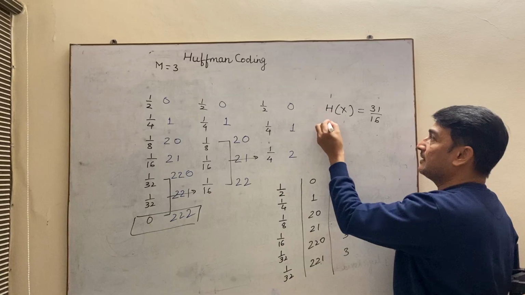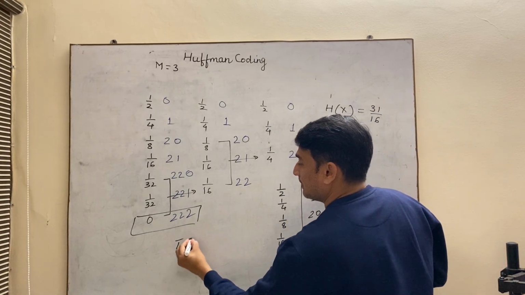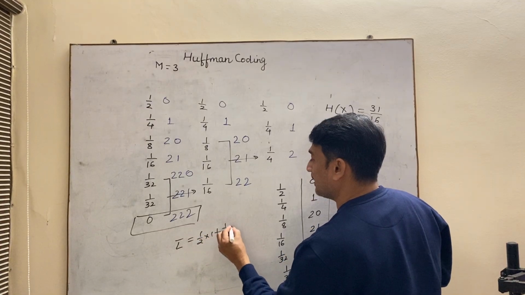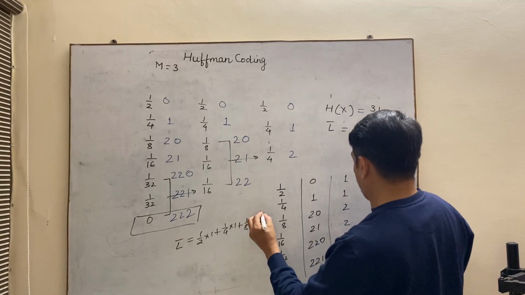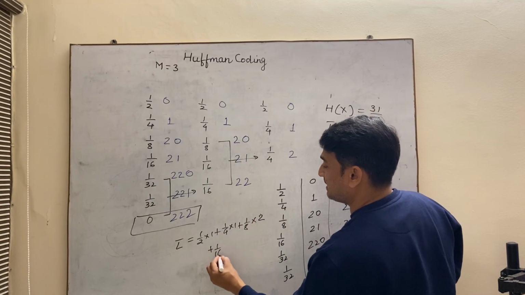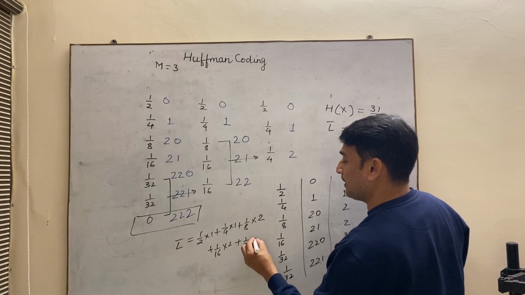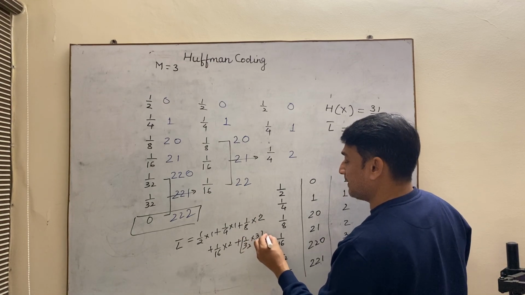L bar now will be changed, which is 1/2 into 1 plus 1/4 into 1 plus 1/8 into 2 plus 1/16 into 2 plus 1/32 into 3 into 2, because it is coming twice.